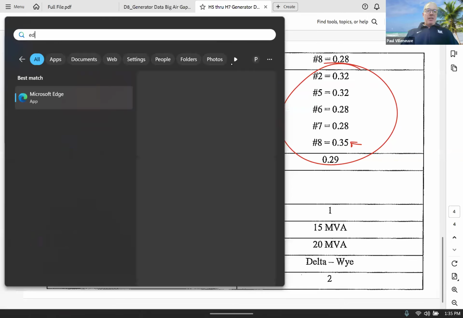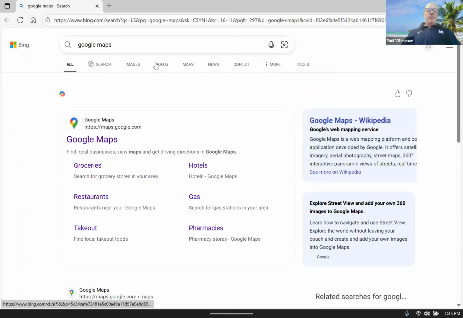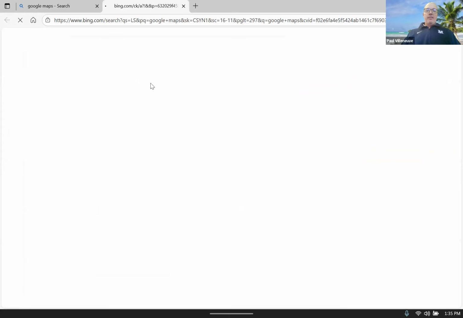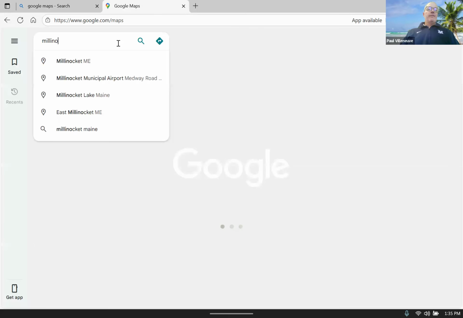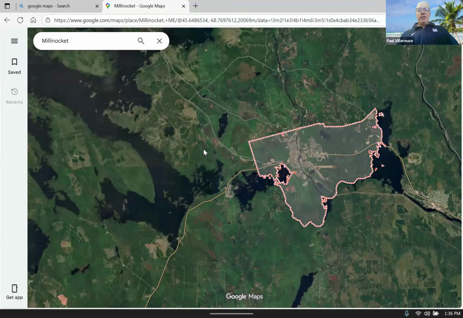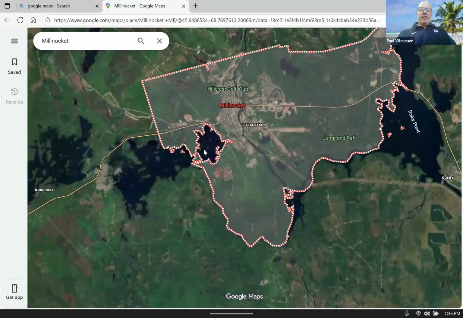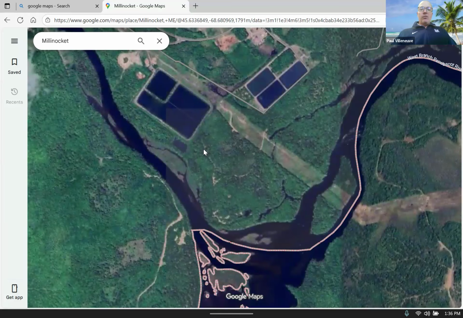And if anybody is interested, I can tell you where these generators are located. It's really odd to go there because to access the place, you have to drive off the road.